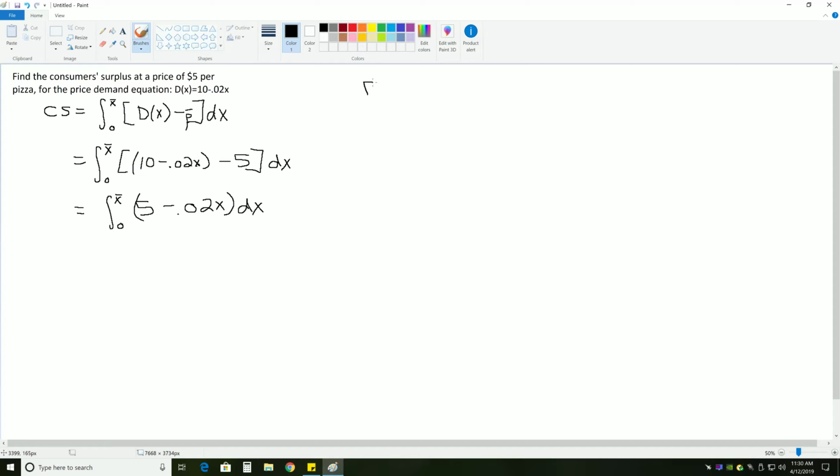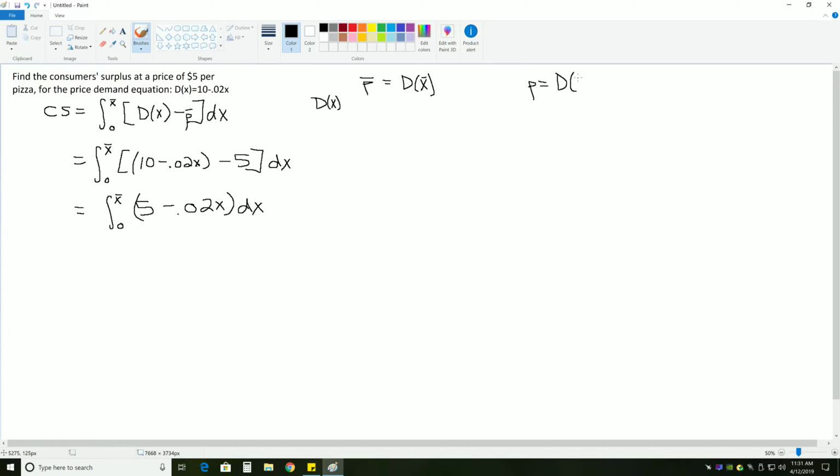So, it's important to remember that whenever you're dealing with consumer surplus and you're given the unit market price p bar and you're given the demand equation d of x, then it is true that p bar is equal to d of x bar. The reasoning for that is p is equal to d of x.